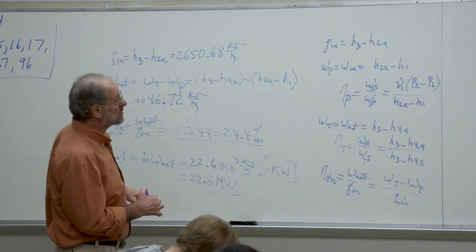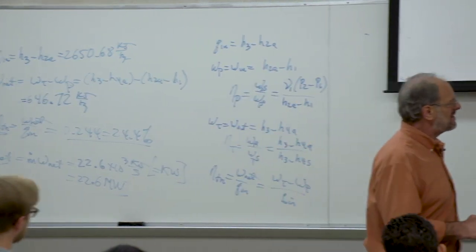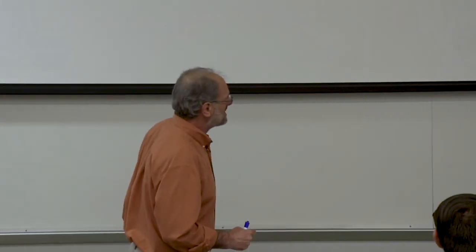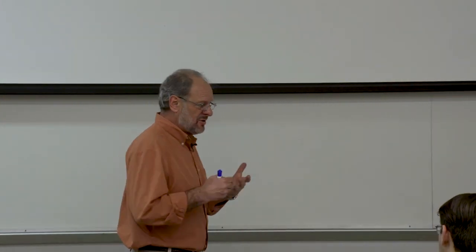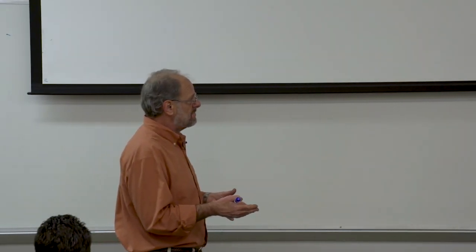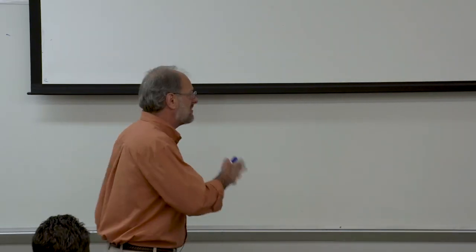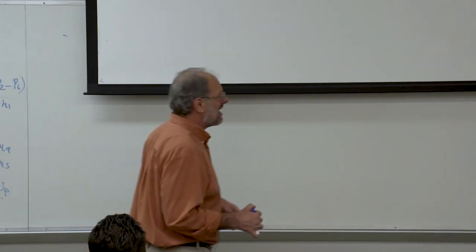We're not completely sure if 4A is going to be a two-phase mixture or superheated. We'd have to look into the data and figure that out. Now, is it that important? Perhaps not, but let's just finish up the problem anyway.